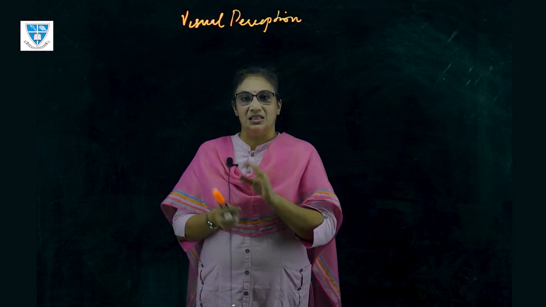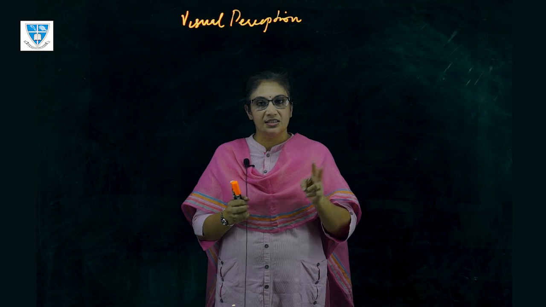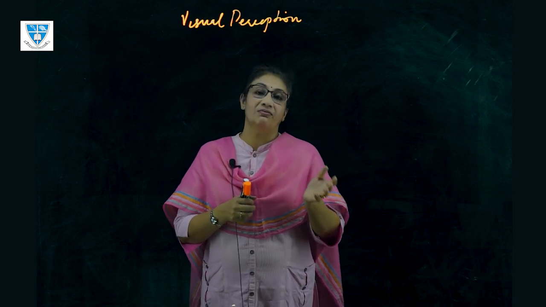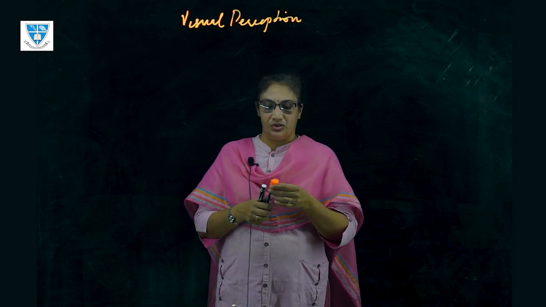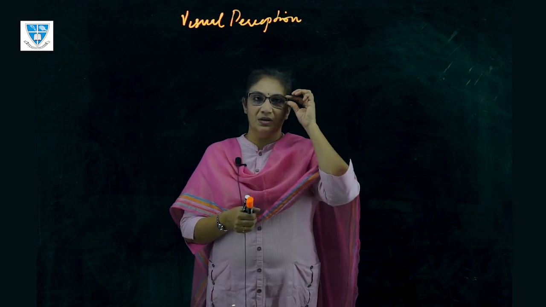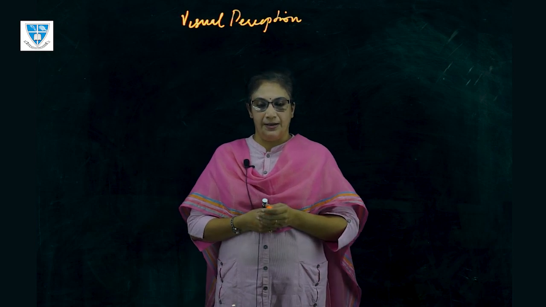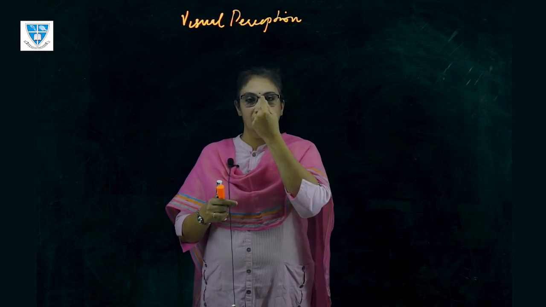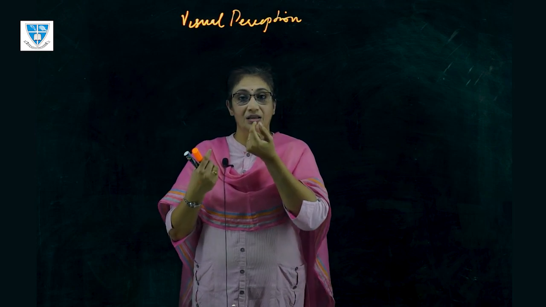So broadly, there are two kinds of agnosia that you can see: perceptive agnosia and associative agnosia. Perceptive is, for example, if I show my spectacles, the person will identify one circle, two circles, something joining these two circles, and two handles.